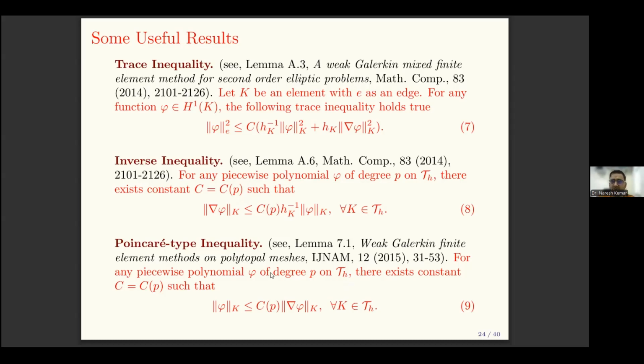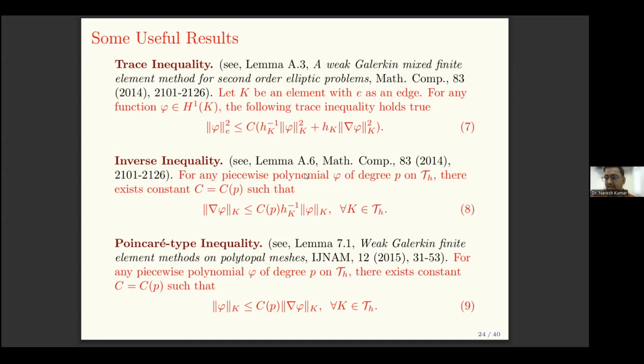So this trace inequality, briefly I can explain. Suppose phi is in H1(K), then the norm on the edge can be replaced by the norm on the element.